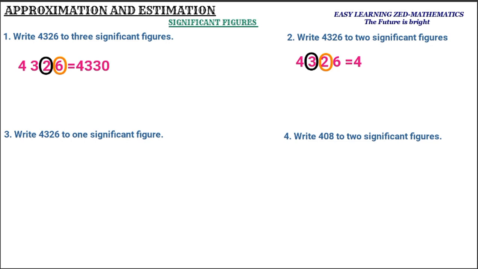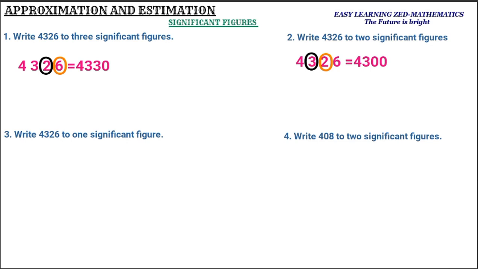So we are going to add 0 to 3, which is 3 plus 0 will give us 3. And then where there is 2, we will put 0. And where there is 6, we also put 0. Because we are removing 2 and any number which is on the right side of 2.